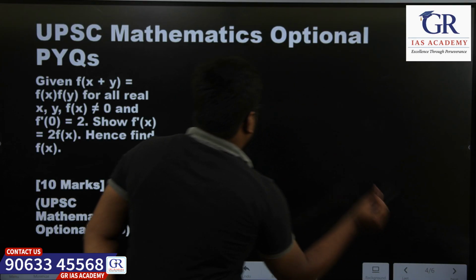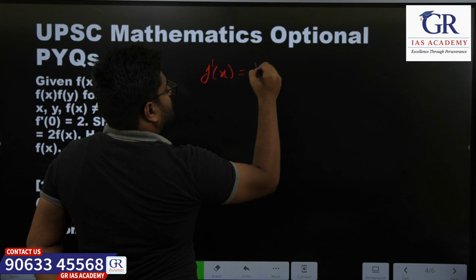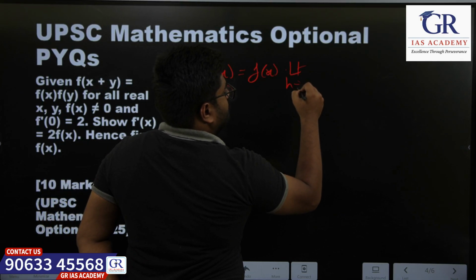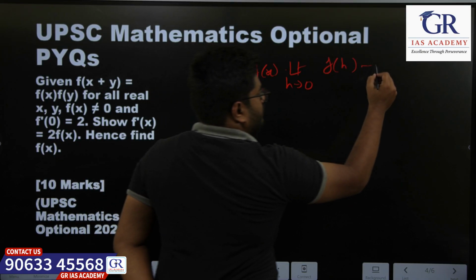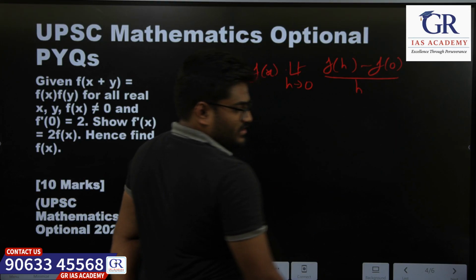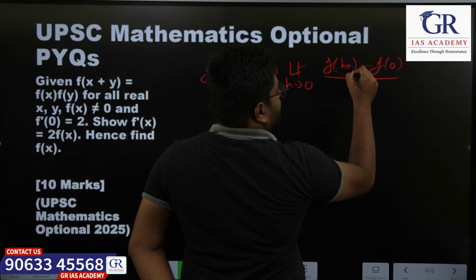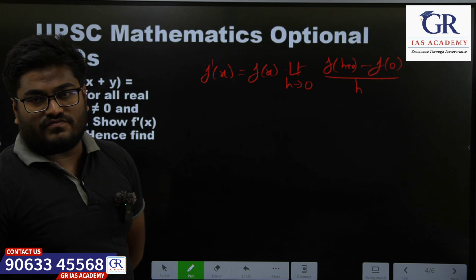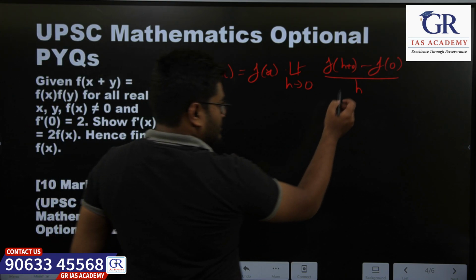So let's write it here. f dash of x is equal to f of x into the limit h tends to 0 of f of h minus f of 0, by h. And now what can we write this h as? h plus 0 or 0 plus h? 0 plus h. So this is in the format of the limit definition of the derivative.